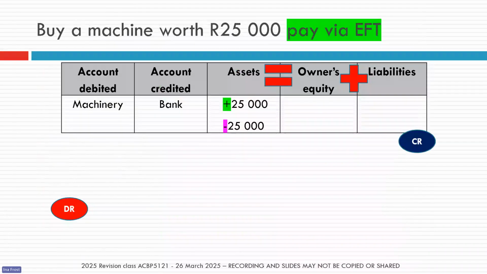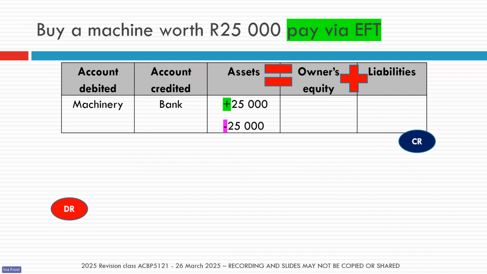And this transaction is one where we gain an asset. So our business is getting this machinery, but at the same time, we are also giving up an asset, because we have to pay with our asset bank for the asset machinery. So this is a very good example of where my assets both increase and decrease.